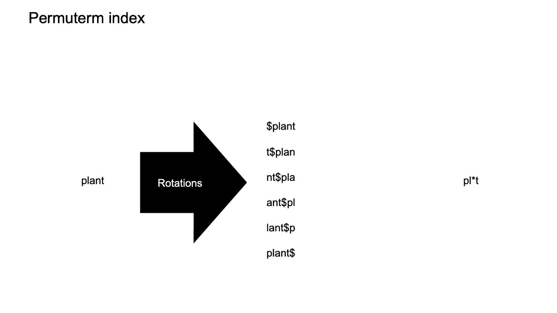And do you see now how that would help you answer this query here, PL star T? What would you look up in the Permuterm index if you have something that indexes what is in the middle?